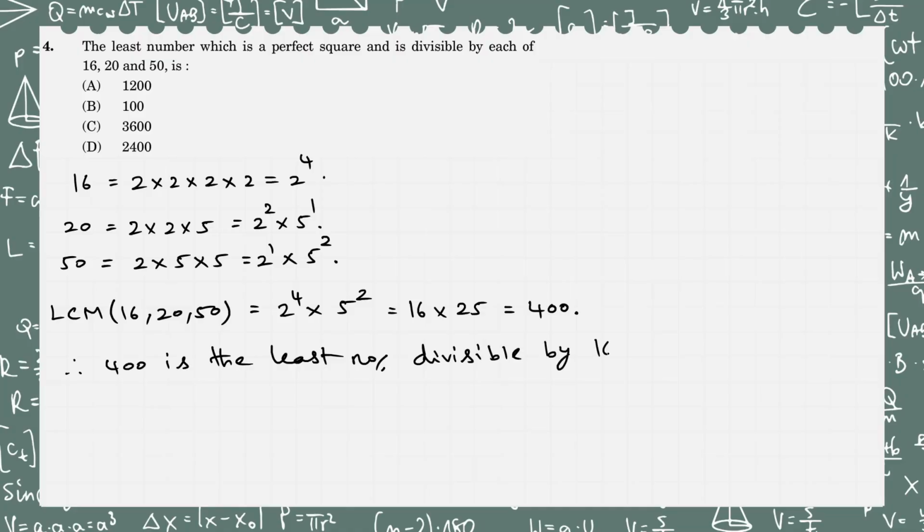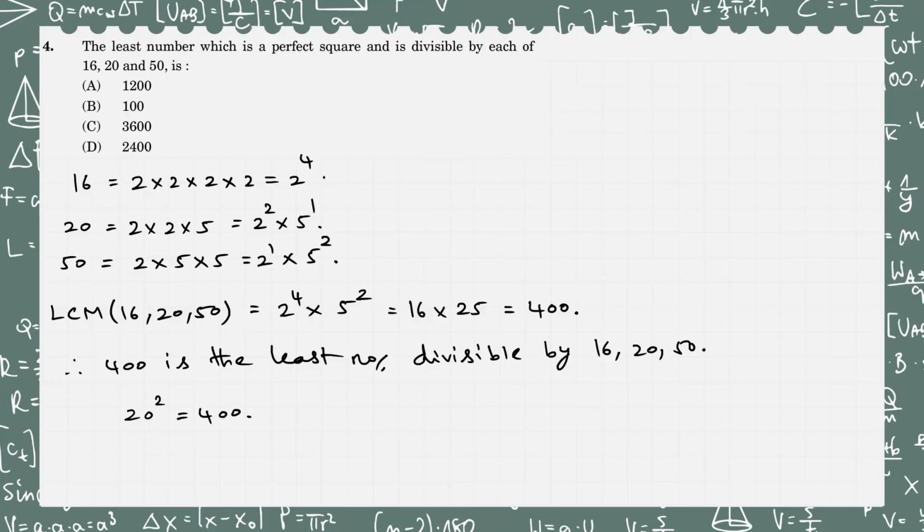Divisible by 16, 20 and 50. But look at 400. 400 itself is a perfect square number only. Why? Because that is the square of 20. So we need not do factorization again and multiply by the missing prime factor, nothing like that. So 400 itself is a perfect square number.